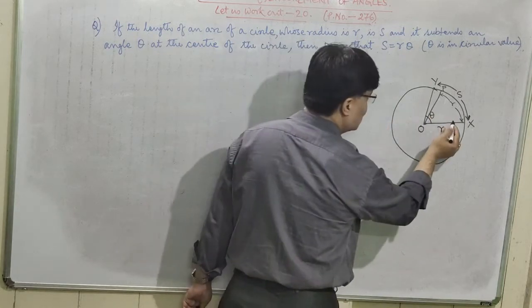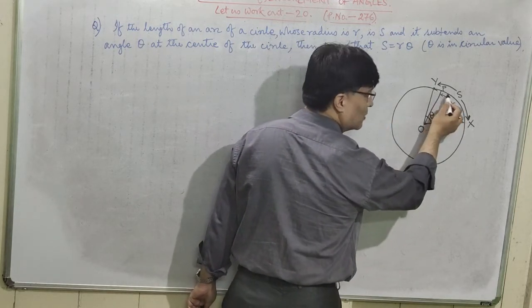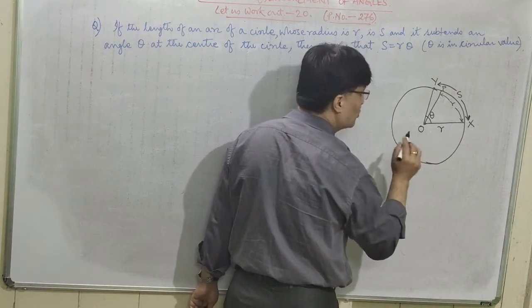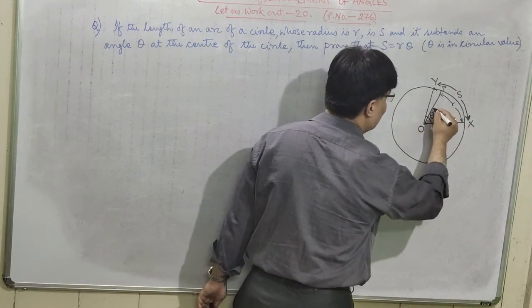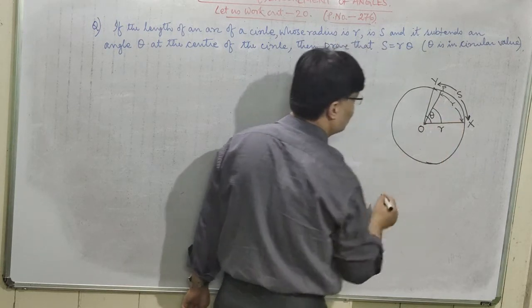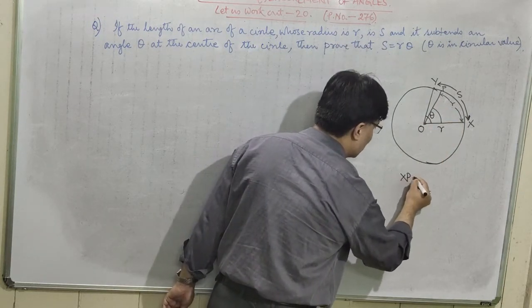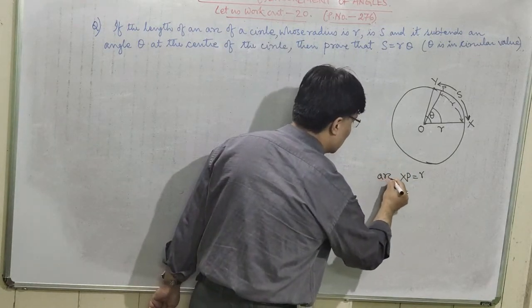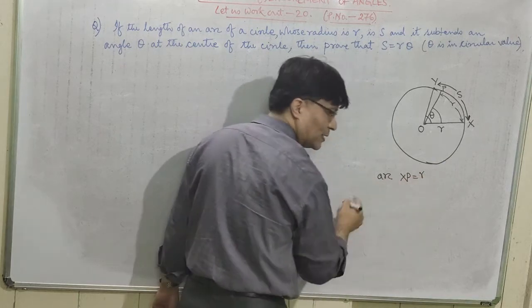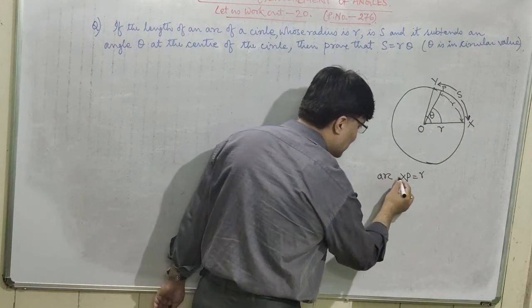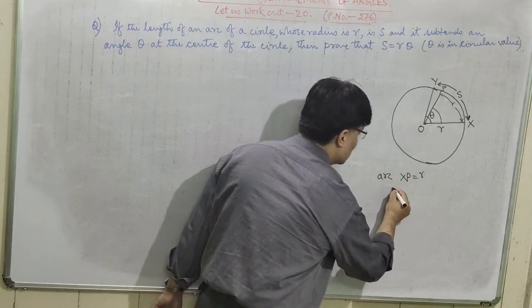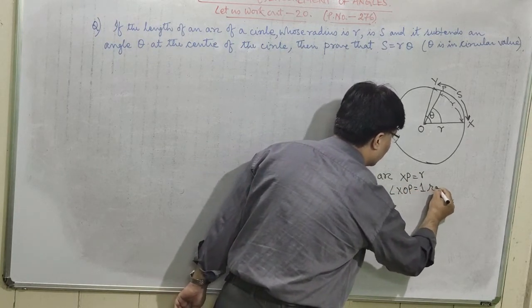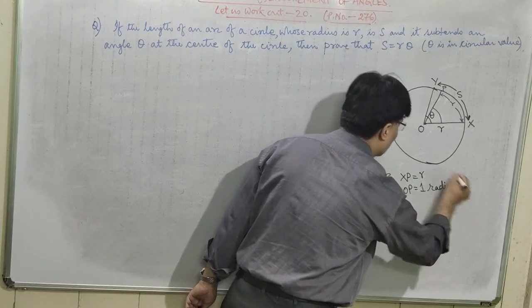And by definition, you know that angle XOP is 1 radian. Here arc XP is equal to r, that is the radius of the circle. So angle XOP is equal to 1 radian.